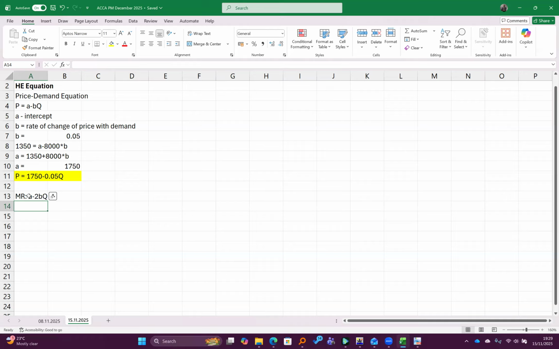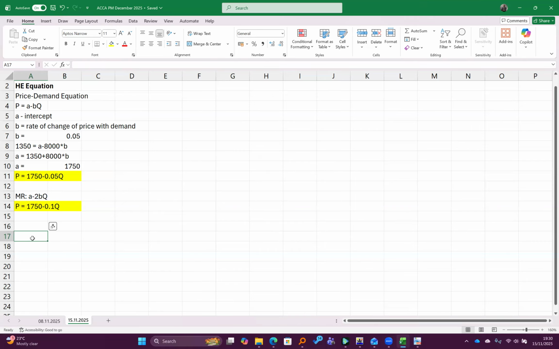But if you don't know it, you can differentiate. But really, we don't need to go into how this comes about. But this is the formula for marginal revenue. So it means that you can say P is equal to 1,750 minus, so that becomes 0.1 Q, if you multiply it by 2. So that is the marginal revenue.